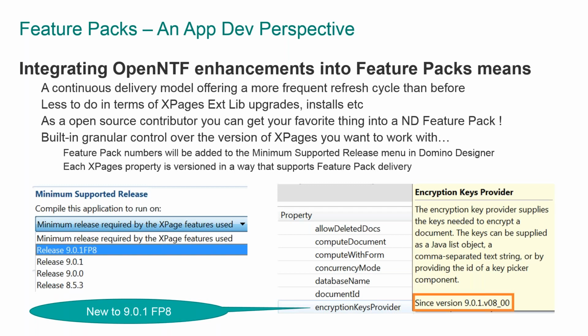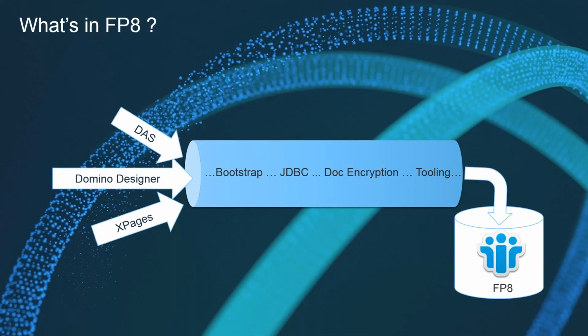Your Designer and your runtime will not get confused because the versioning will always take the latest stuff. And if you need to dumb it back down to an earlier version, then on my left you have the means to do so. So as you can see, we were very much set up for extensibility, for versioning, for dropping stuff into Notes Domino. This is a great opportunity for us to accelerate and to build on top of that.